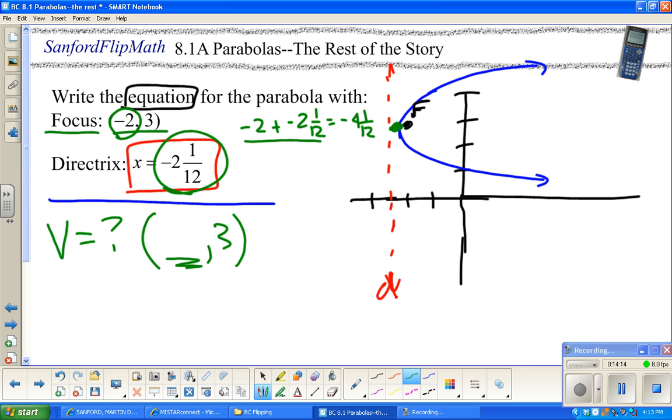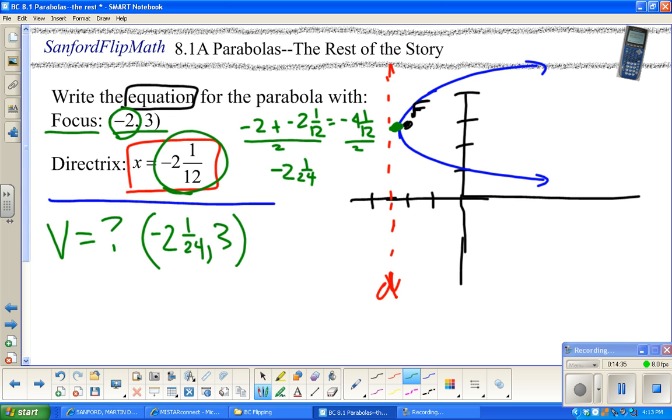To do an average, I'm going to divide this by 2. So this becomes -2 and 1/24. Well, that is just such a beautiful number, if I do say so myself. So -2 and 1/24. That's the vertex.